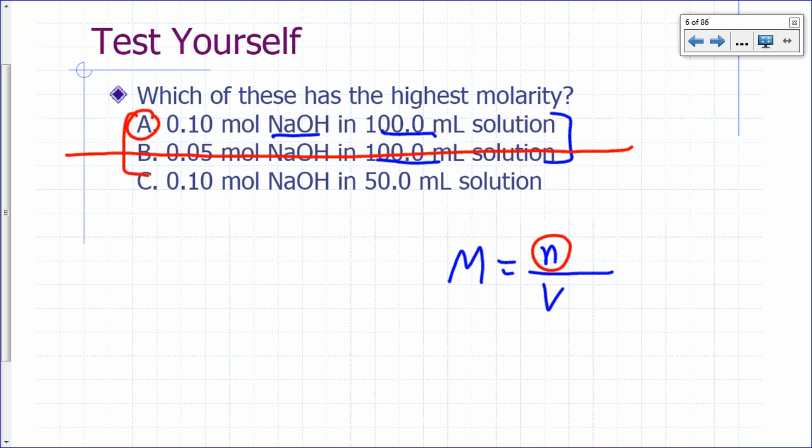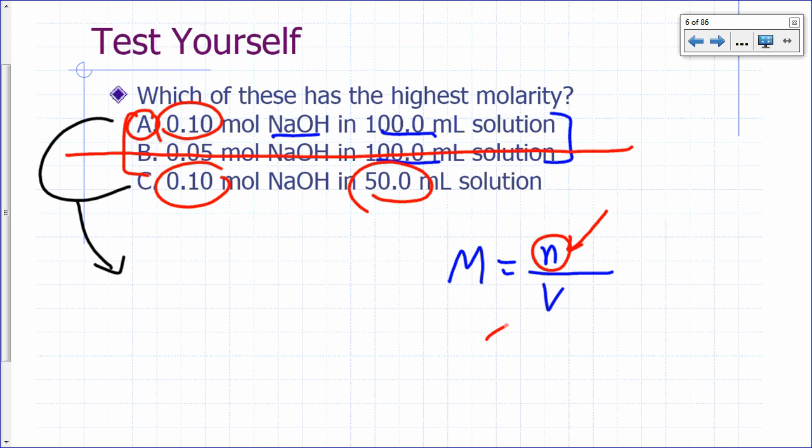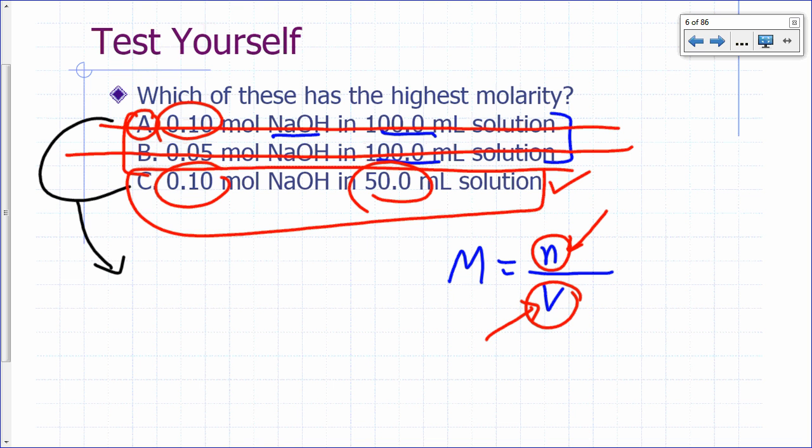Now let's compare A and C. Here you have the same number of moles, 0.1, but choice C has a smaller volume. When you divide by a smaller number, you get a bigger number. So for the same number of moles, a smaller volume gives a bigger molarity. Choice C has a higher molarity, so choice A is wrong. The correct answer for this one is C.